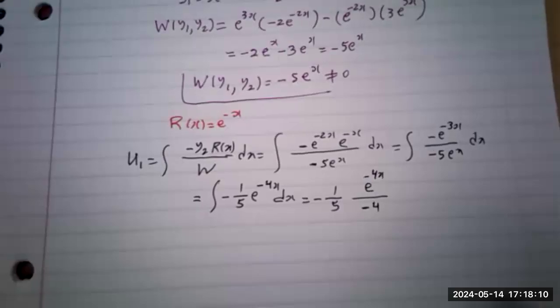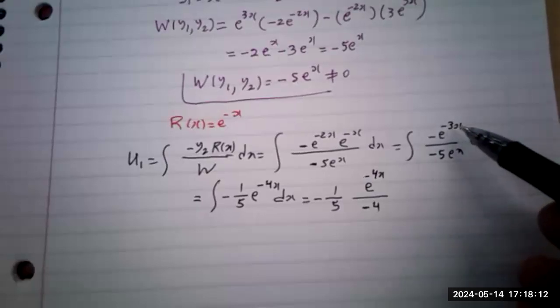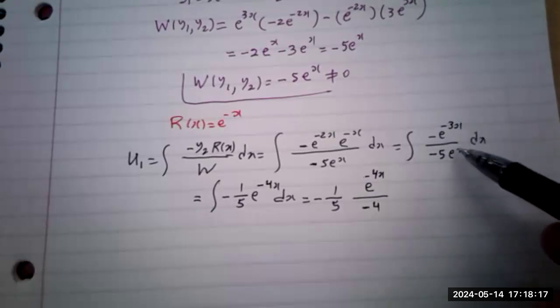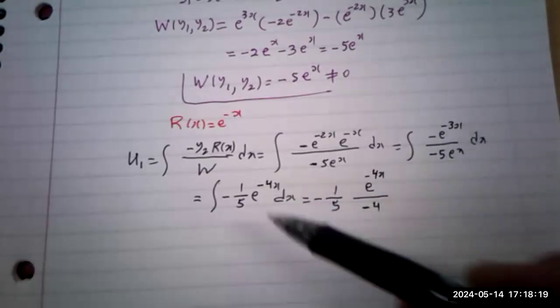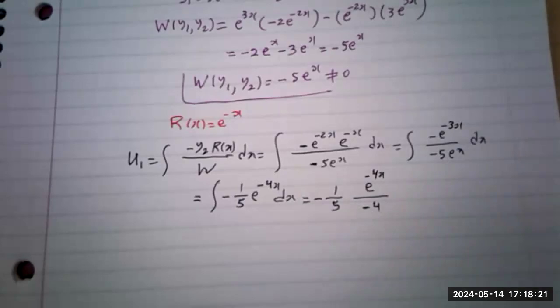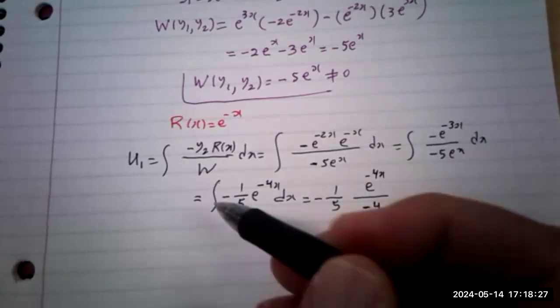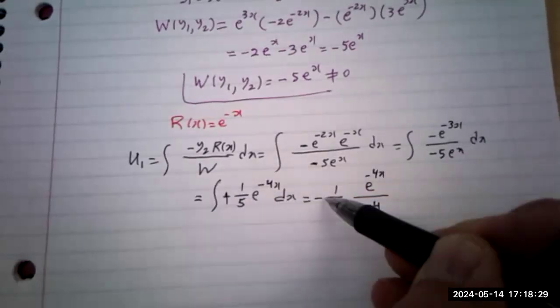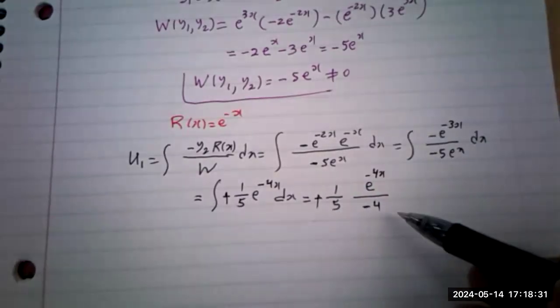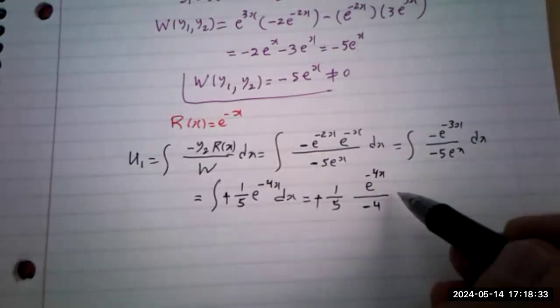Okay, because of the exponential factor. So the top is e to the negative 3x. I move this one up: e to the negative 3x times e to the negative x gives you e to the negative 4x. Yes, that's good. Shouldn't it be positive 1/5 e to the negative 4x? Yes, positive. Thank you. Okay, anything else? Now we have a negative 4 here, make it into negative again.